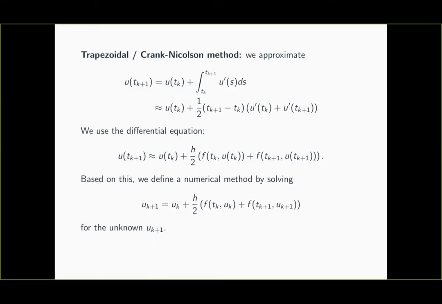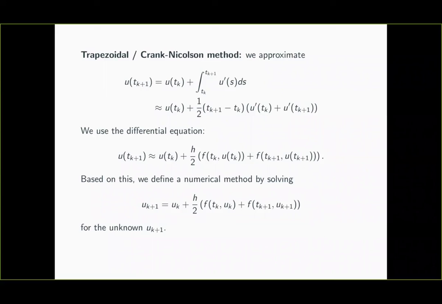We use that approximation in order to define a numerical method. So let's suppose I've already computed uk, which is an approximation of u at time tk, and then I define uk plus 1 as a solution of the equation uk plus 1 equals uk plus h over 2 times f tk, uk plus f tk plus 1, uk plus 1.